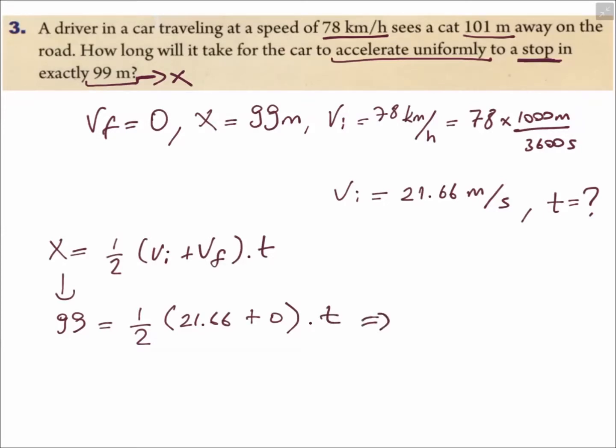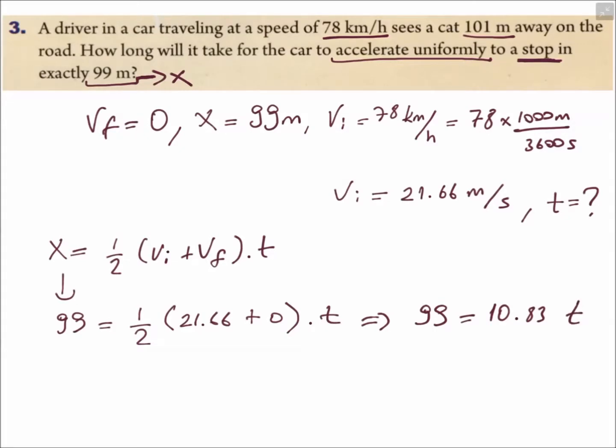And then 99 equals 21.66 over 2, which is 10.83 t.